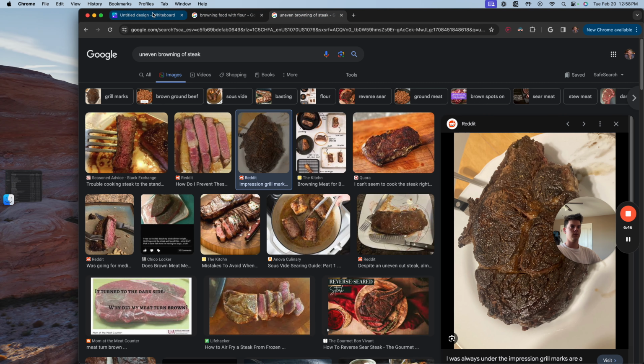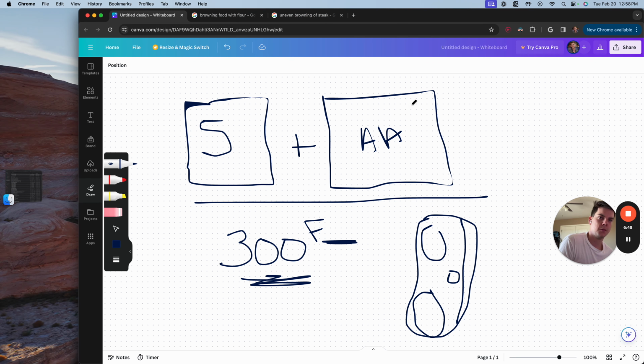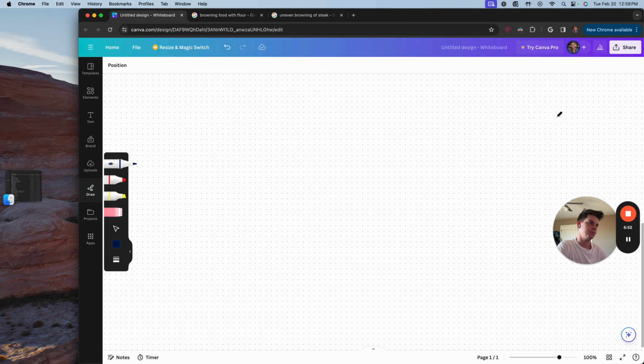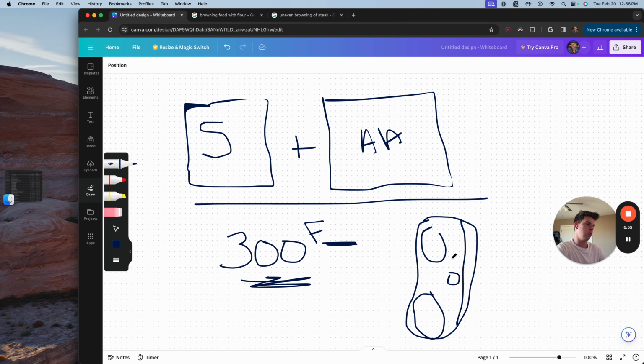So lots of comparisons. I probably should add these pictures to this canvas anyway. So with salt, you're going to draw out moisture from the meat or whatever it is you're trying to brown. And that will prevent moisture from interrupting your reaction. Simple as that.